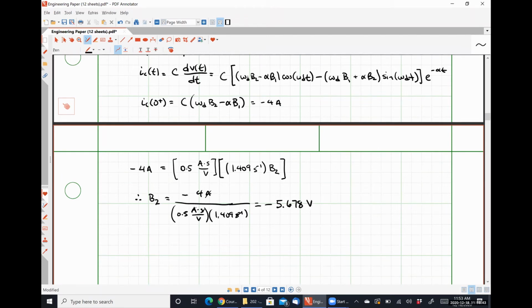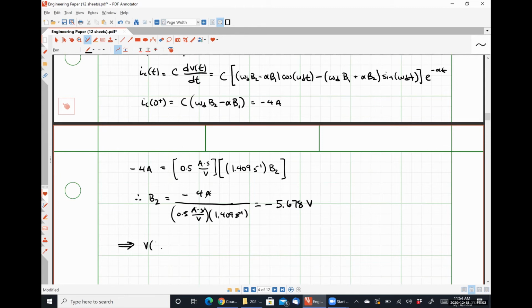You've got calculators and can verify that, but it seems reasonable: -4 divided by roughly 0.7 should be a negative number a little bit larger than 4. So that seems legit.